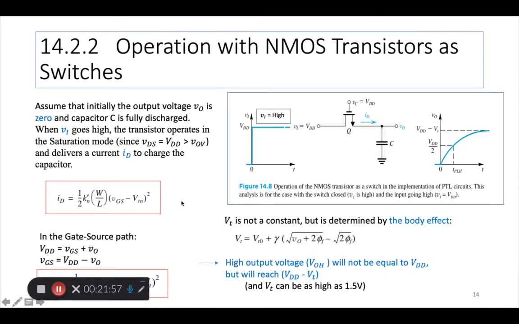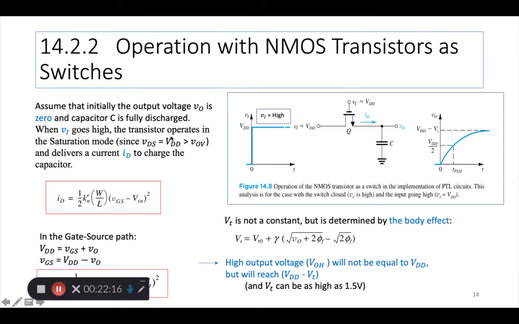All right. So operation with NMOS transistors as switches continuing. Let's focus on when the input is high. Assume that initially the output voltage V0 is 0 and the capacitor is fully discharged.